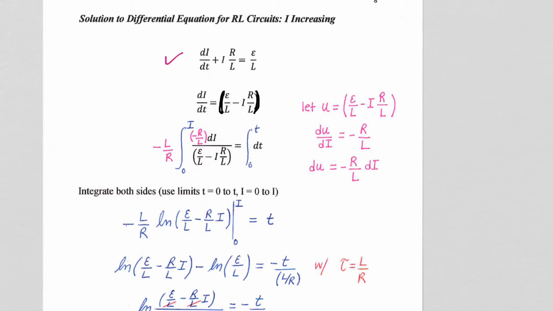We're just going to bracket them together. Bracket everything together, get the di/dt by itself, and then it is a u sub.